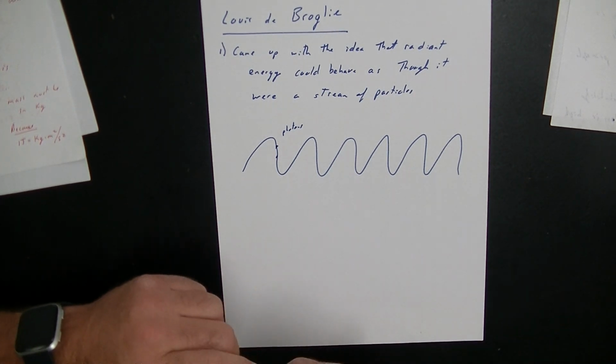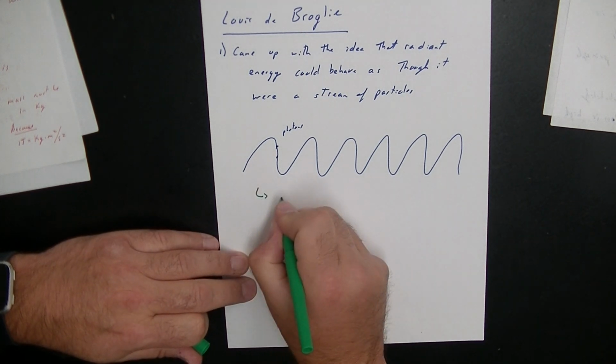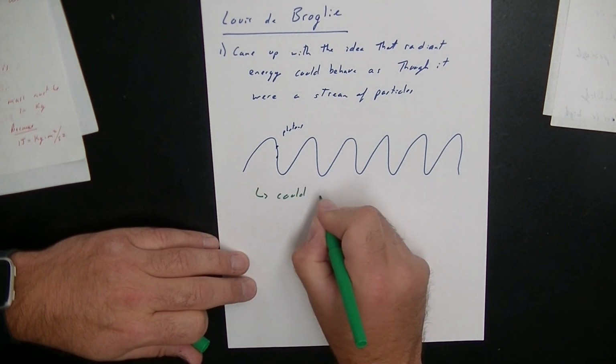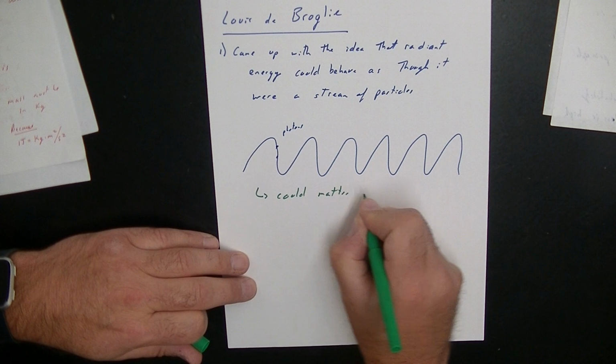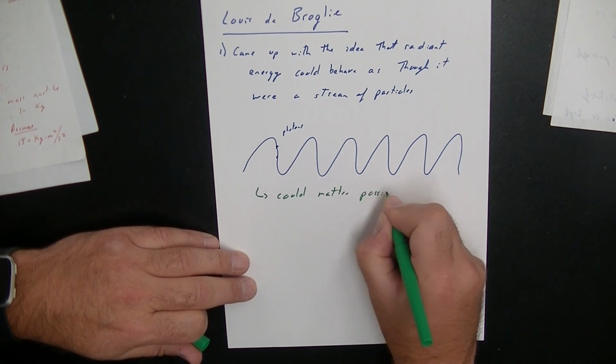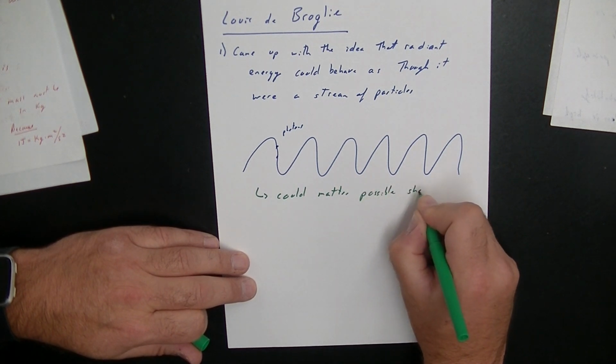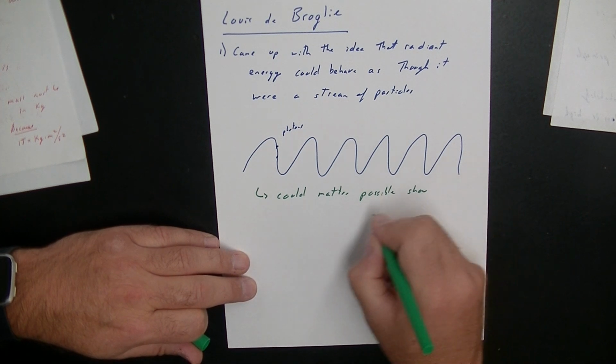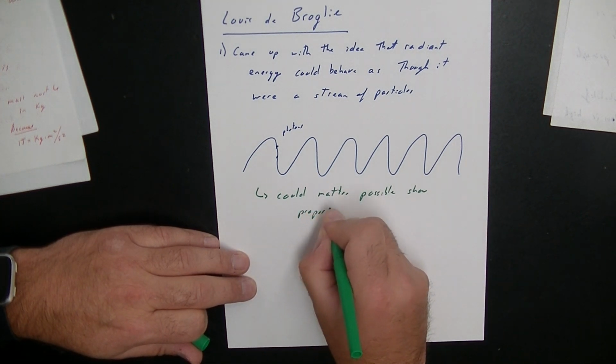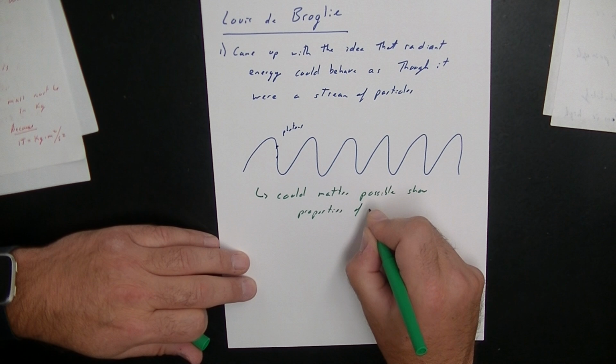And then he applied it to matter. And he said, could matter possibly show properties of waves?